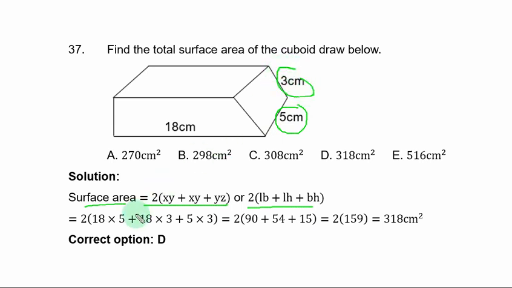You replace the various dimensions in the formula. That simplifies to this, and you have 318 square centimeters. The correct option is D.